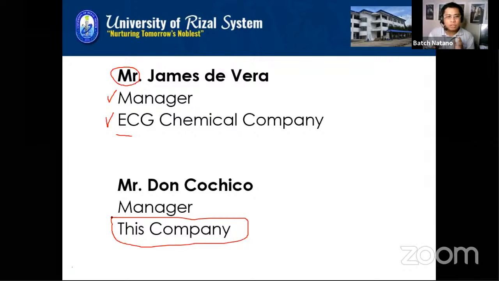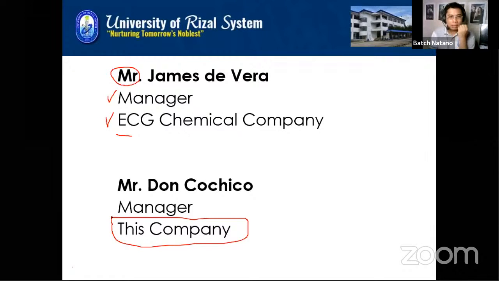So instead of just reflecting the name of the company, just reflect "this company." Because in the first place, in your letter, you had already specified in your heading the letterhead of the company. So it's redundant if you will still be reflecting again the name of the company since the communication is within the organization.